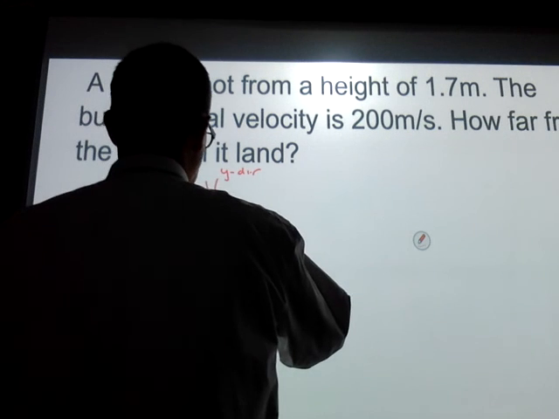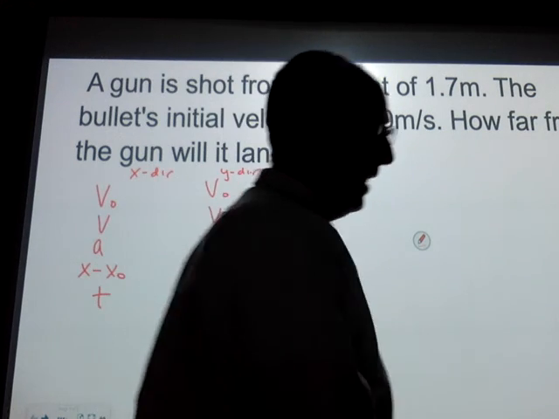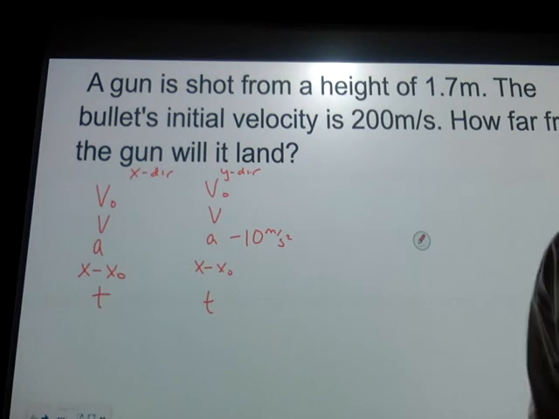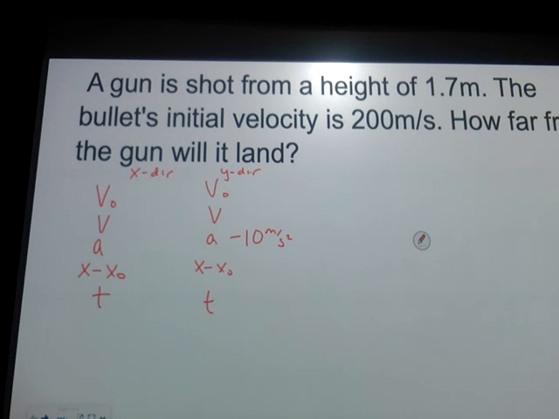So in our Y direction, our acceleration is going to be -10. And on the lab today, I think I have you guys use -9.81 because that's what the simulation does. Anything else?